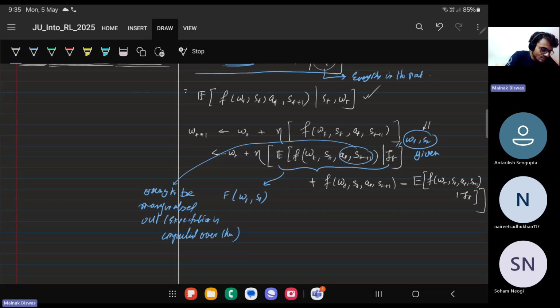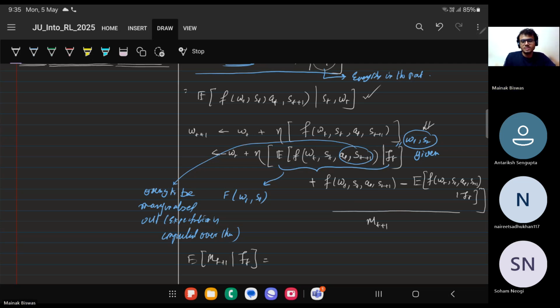So this term that I have, I replace as mt plus 1. Can you tell me what is the expected value of mt plus 1 given ft? This is the expected value of small f given ft minus the expected value of small f given ft.